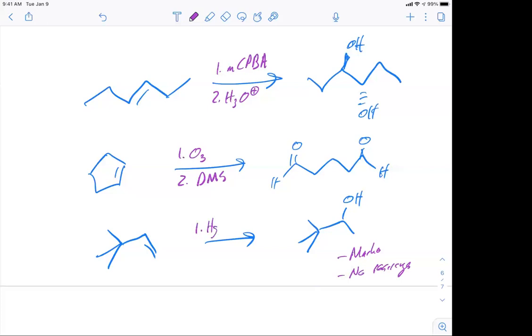So for that one, I'm going to need my oxymercuration-demercuration, right? And you got to put it in water because the water actually comes in that first step. And then the hydride gets rid of the mercury, not magnesium, mercury.